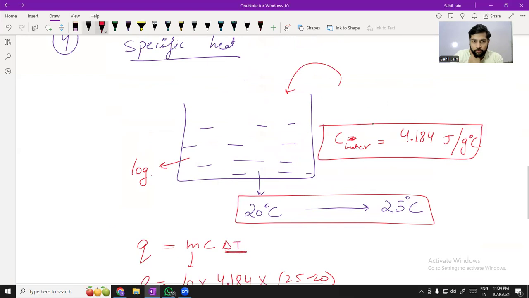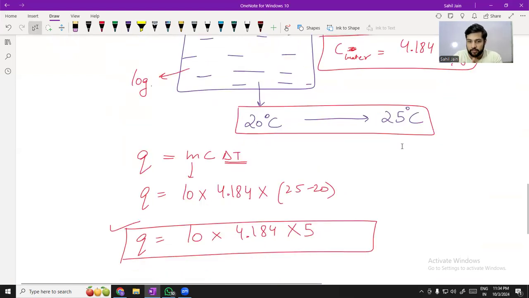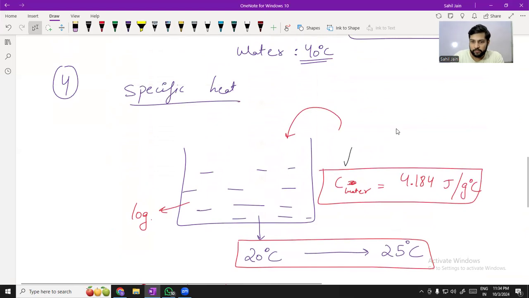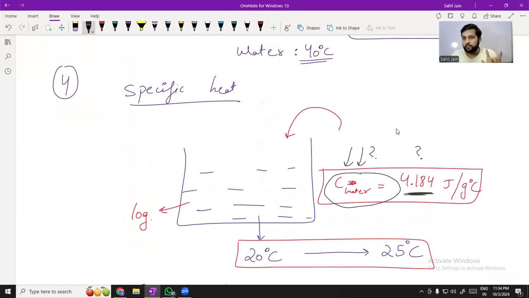Okay. So from this example, we need to know what specific heat is. It gives us an idea of how much heat is required for any substance, in this case water, to raise its temperature by some degrees if we are aware of the mass of the substance.